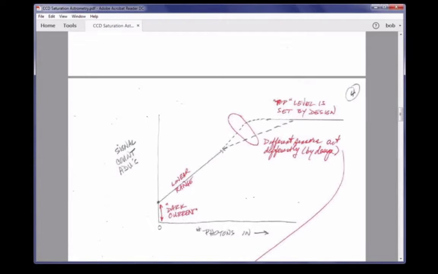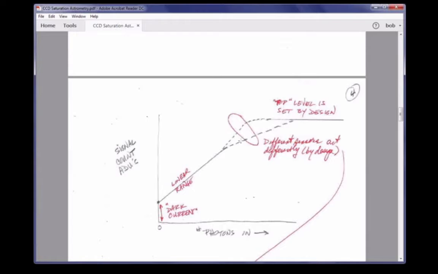Different CCD designs will act differently as the signal gets larger and the pixels get more full. Some of them will stay quite linear up to a point where they finally say, that's it, I'm full, and then they flatten out.